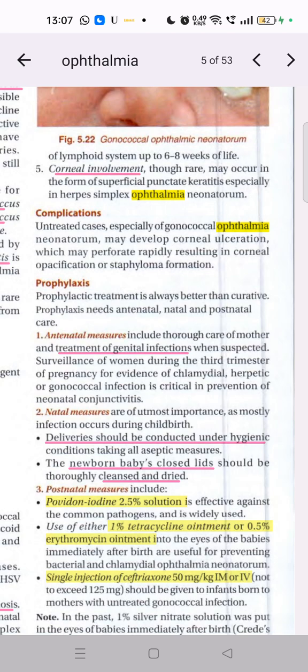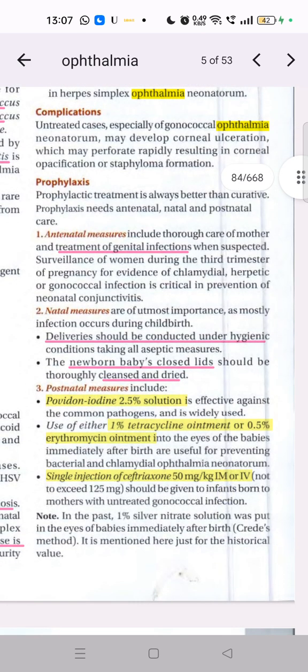Then prophylaxis. Prophylaxis is antenatal, natal and postnatal. In antenatal, care of the mother should be done, and all genital infections should be treated whenever suspected. In natal measures, the delivery should be hygienic, and the newborn baby's closed lids should be thoroughly cleaned and dried.